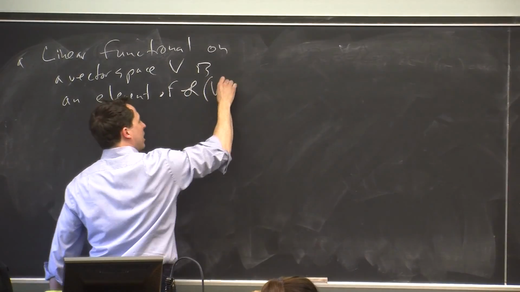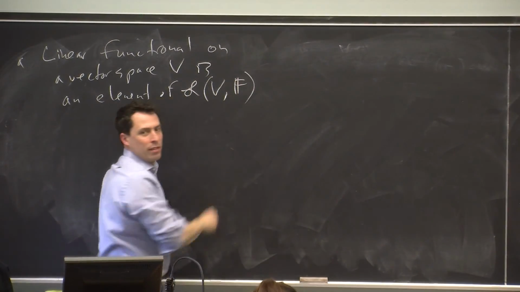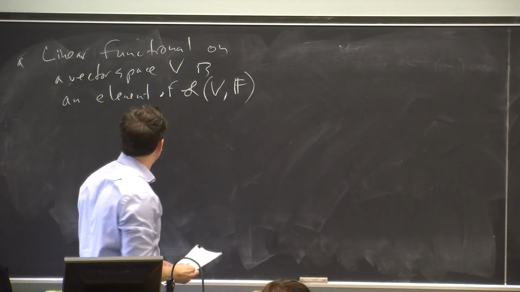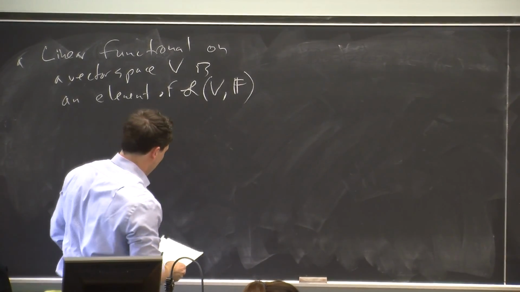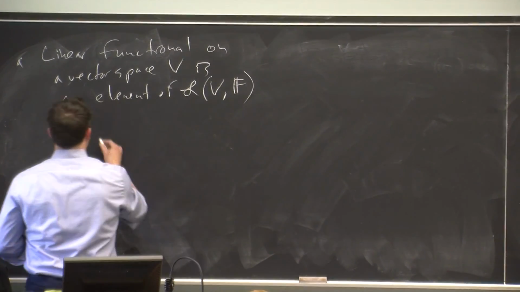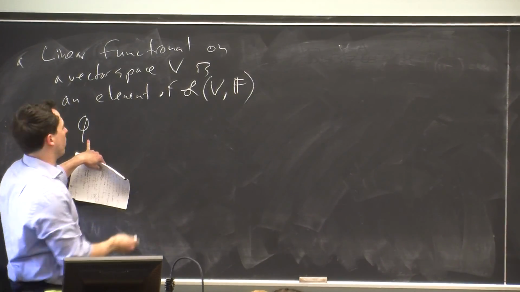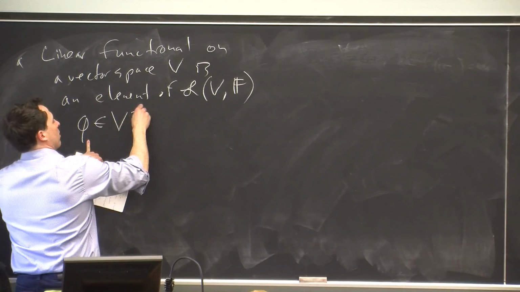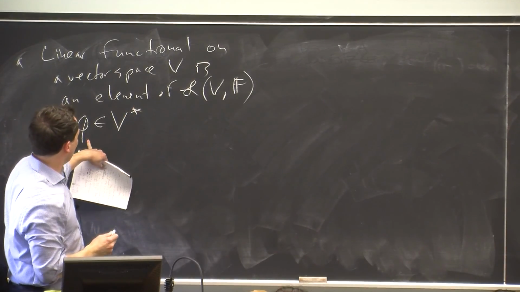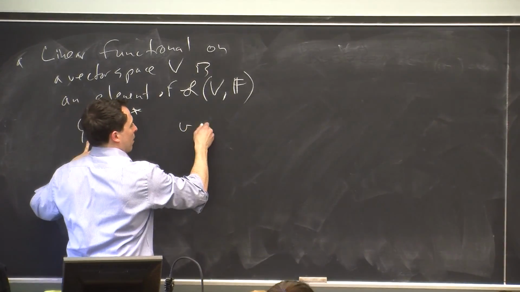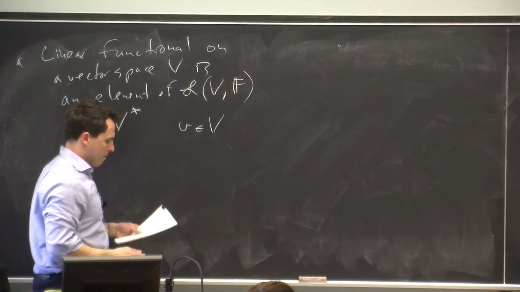That is, it's a linear transformation from V back to the field. And sometimes, especially in this section, we'll use a Greek letter to denote an element of V star, one of these linear functionals, and a Roman letter to denote the vector.